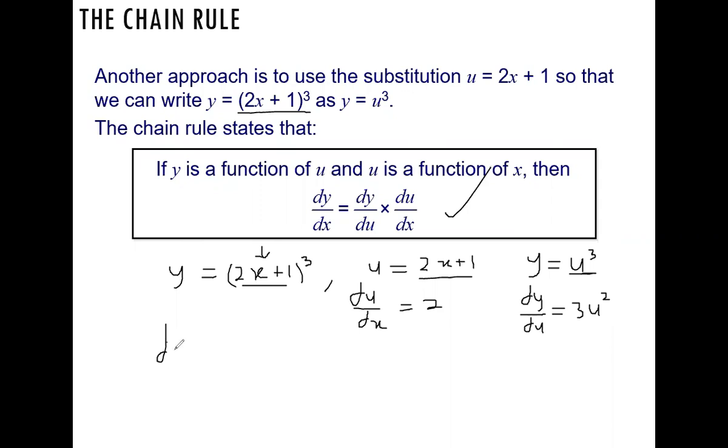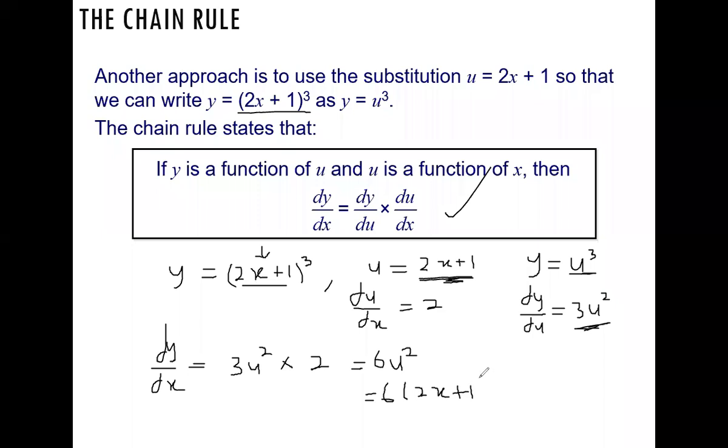So dy/dx will be equal to dy/du, which is 3u squared, times du/dx, which is 2. So this will be equal to 6u squared. But we said u is 2x plus 1. So just substitute it in, and you get 6 times (2x plus 1) raised to the power 2. And that's the final answer.